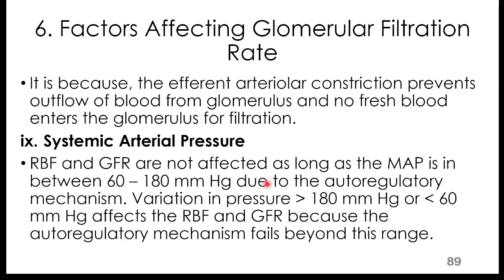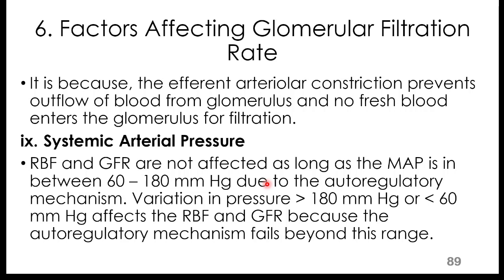If GFR was to increase proportionately due to the increase in systemic blood pressure, it will result in a GFR that is too high. And remember, if it's too high, the kidneys will not be able to reabsorb the substances that the body wants to conserve, wants to prevent from being excreted.